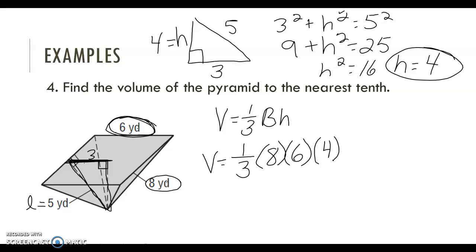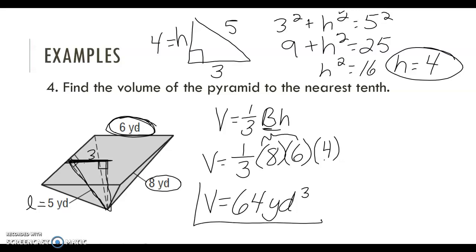I just want you to keep in mind that this 6 times 8, that's my base area. That's where that's coming from. And then that height of 4. If I multiply that all out, I get a volume of 64 cubic yards for this pyramid. And that is all for pyramids.